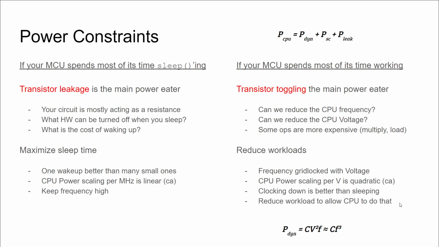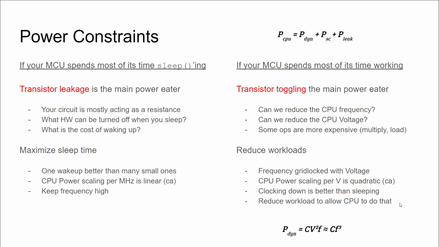In the top right of the slide here, you can see the power usage formula of an MCU. It's basically the sum of the dynamic power, which is the power cost of toggling a transistor from 0 to 1 or back. And this is quite substantial, but it really only applies in the very small window of time when some transistor is actually toggling.